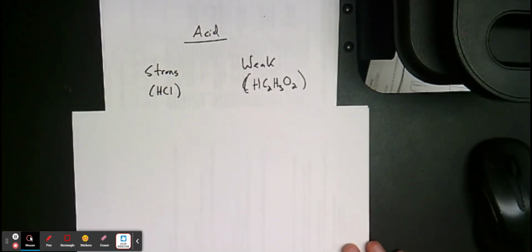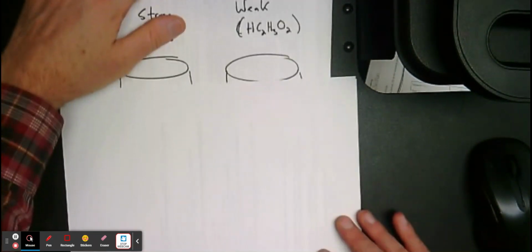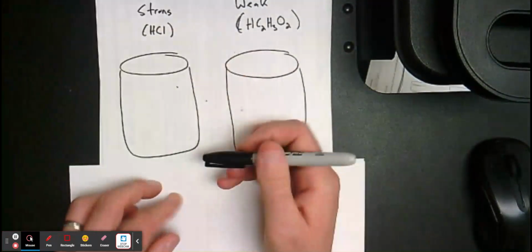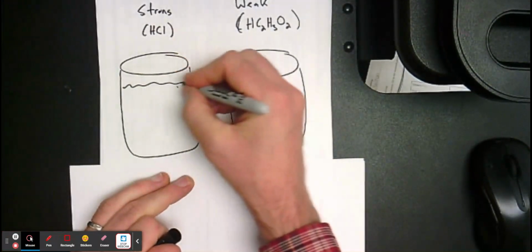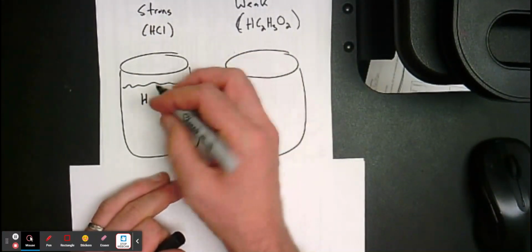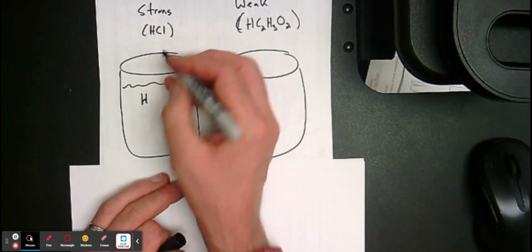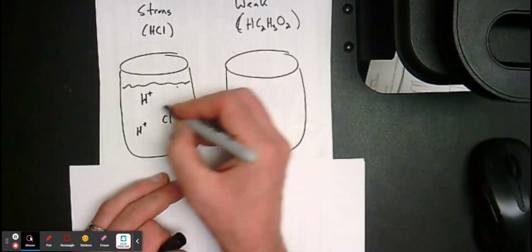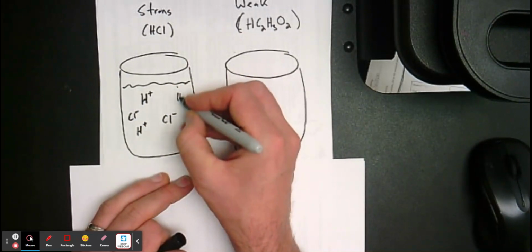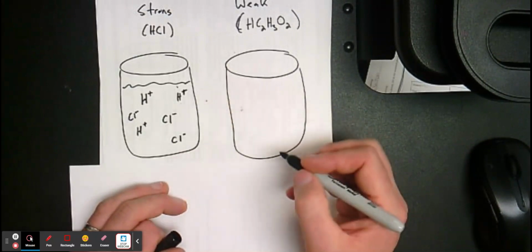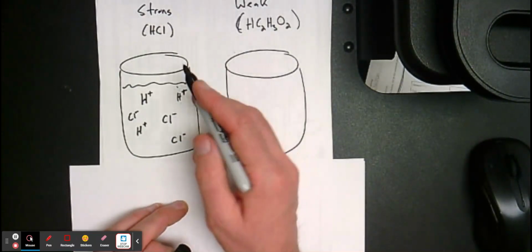Now, the difference of these two acids is when I dissolve them, let's say I put 4 in. For every molecule of HCl, it's going to completely ionize, because that's a strong acid.